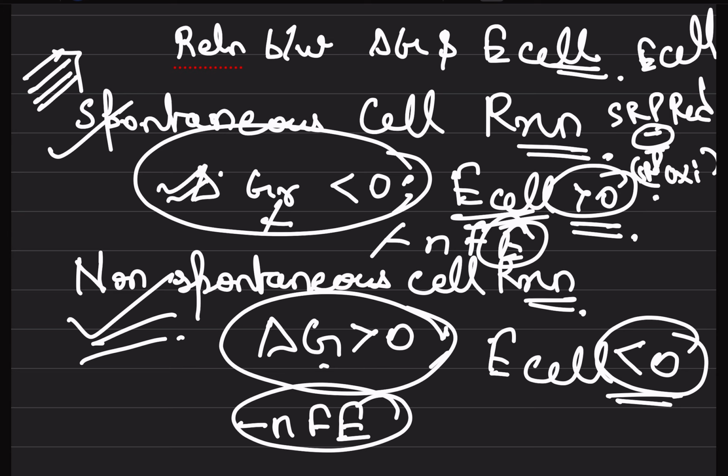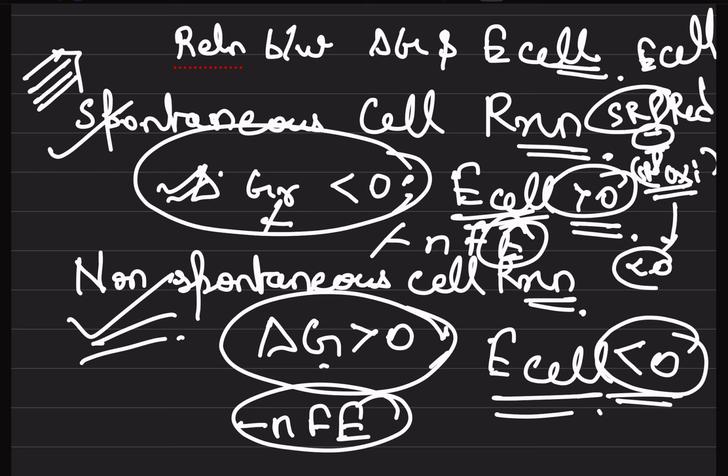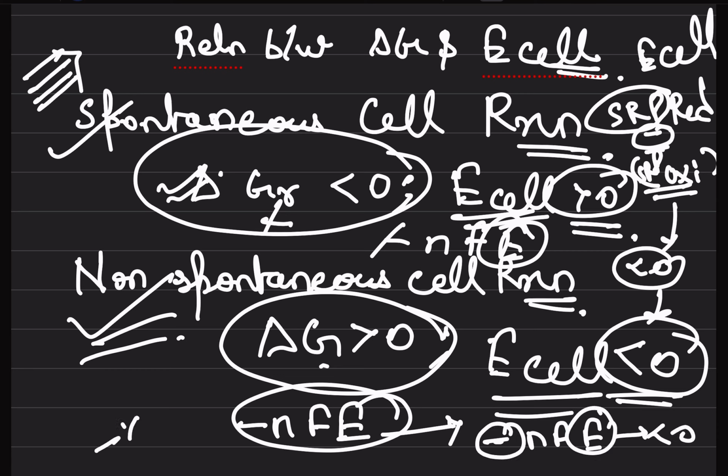So delta G is negative here, and for a non-spontaneous reaction, E cell is negative. As we know, this value is less than this, so E cell is negative. So minus nFE will be positive, since nF into E is negative and there is also a negative sign in front, so minus into minus becomes positive.